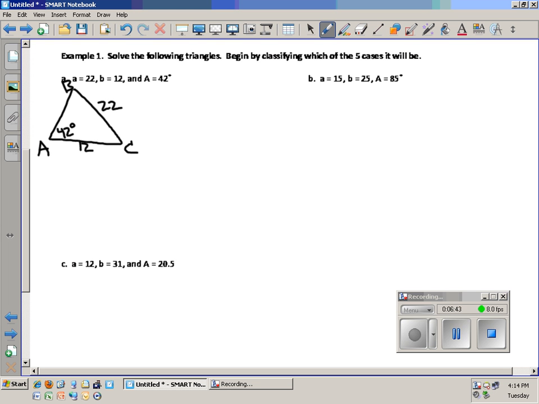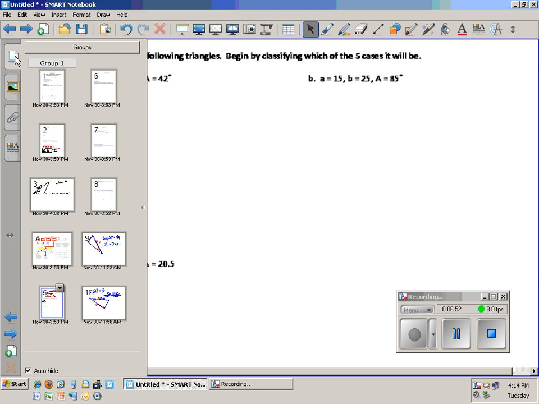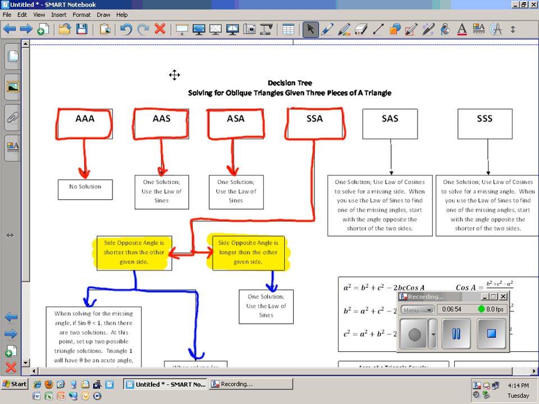Now, in this situation, I'm given an angle, a side, and a side. You don't have to flip to it, but I'm going to. On my decision tree, angle, side, and side leads me right here.